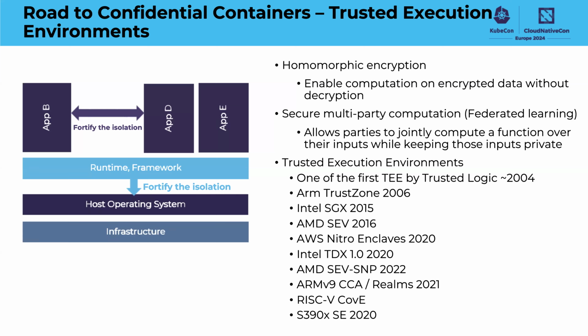Then came SGX, which is a process-based isolation. SEV started with the VM isolation, encrypted VMs. Then we got Nitro enclaves, and then recently we got TDX, SEV-SNP. ARM v9 will have CCA support, which is the trusted execution environment equivalent for ARM, and RISC-V has CoVE. And on S390, on the mainframe, we have secure execution, and on Power, we have similar trusted execution environments.